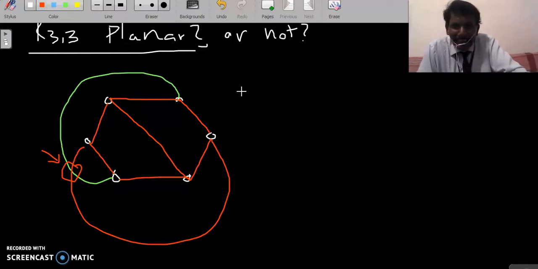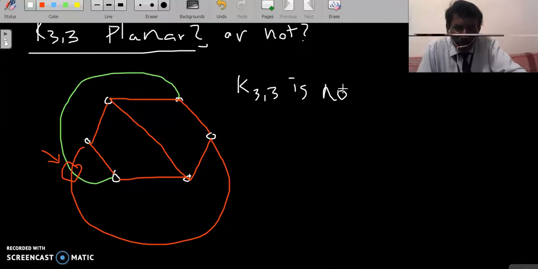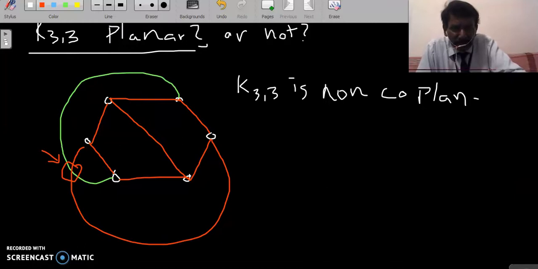So K3,3 is non-planar. This is what we understand here.